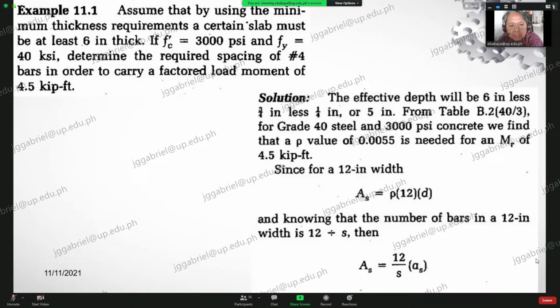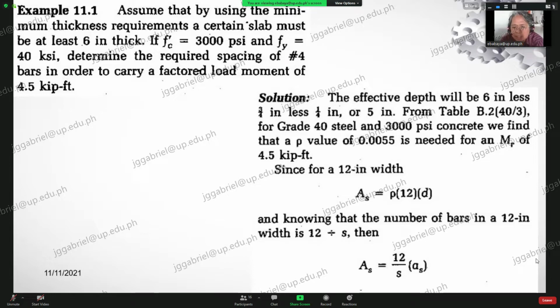I mentioned earlier that when you see this term factored, that means na-multiply na yan ng 1.4 tsaka 1.7 for the live load. So, ito na yung factored moment. Ito na yung i-compare natin doon sa capacity ng structural element natin. In this case, the one-way slab.